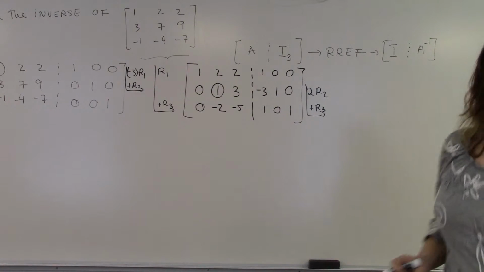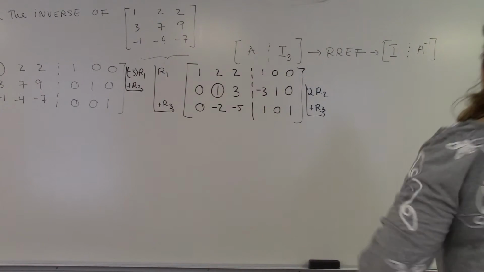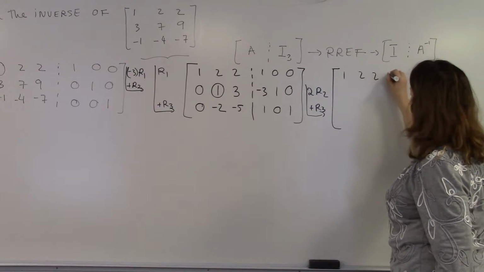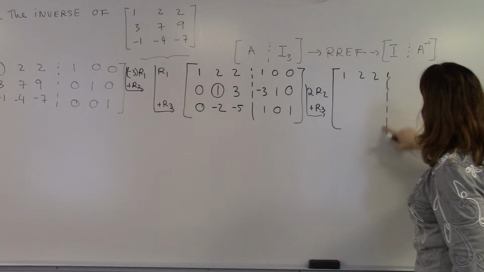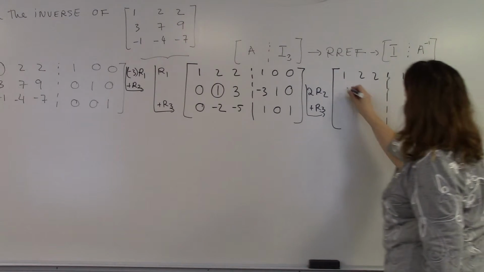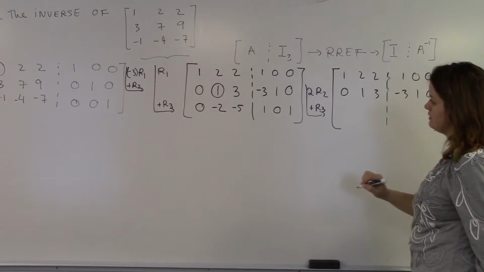So let's see what that does to my matrix. 1, 2, 2 stays, 1, 0, 0. And then 0, 1, 3, -3, 1, 0 stays.